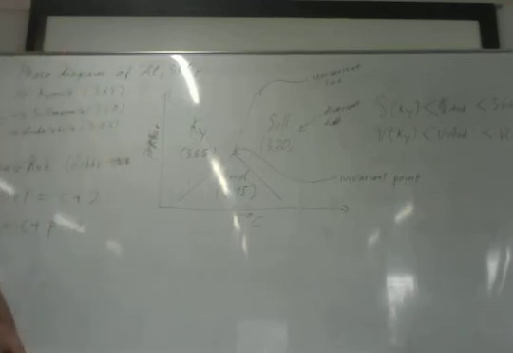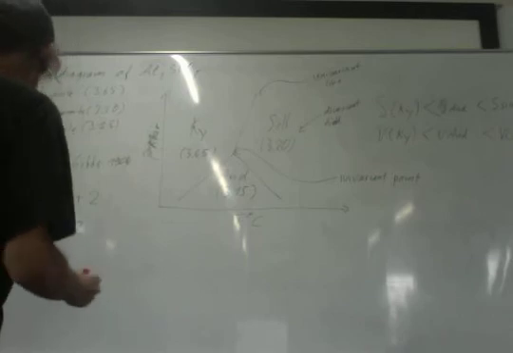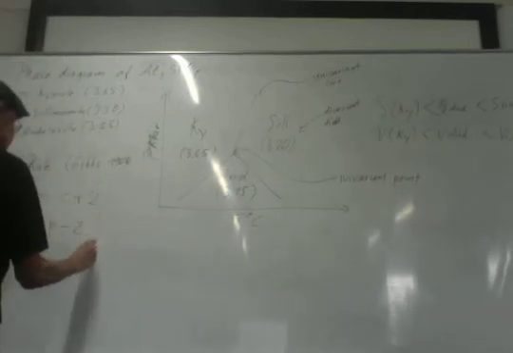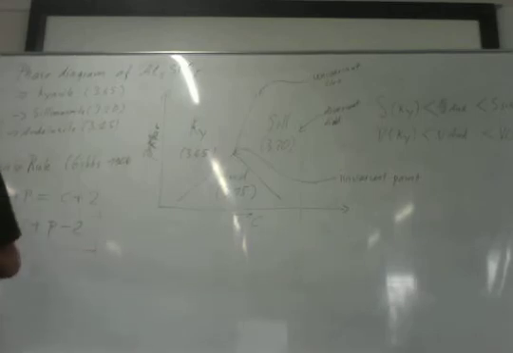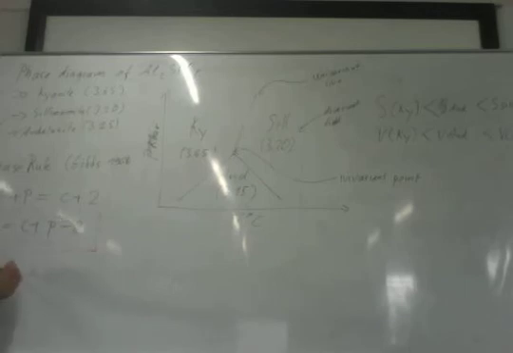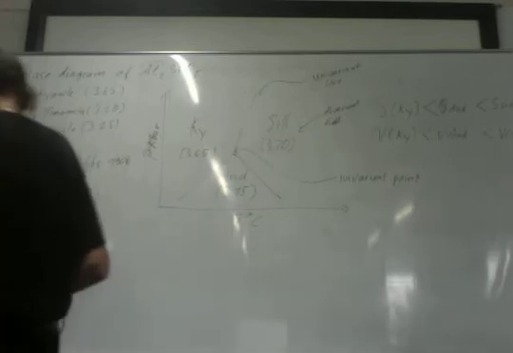So now we have to think about what the different letters mean. P is the number of phases.